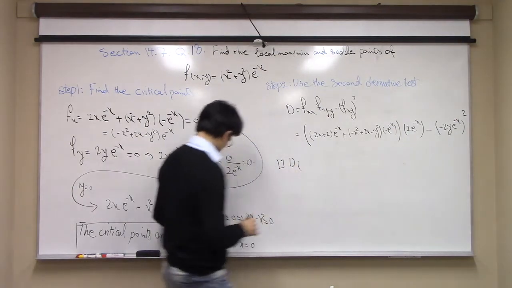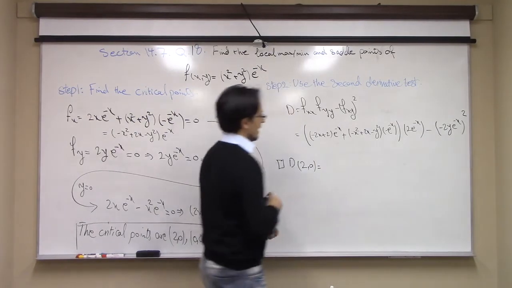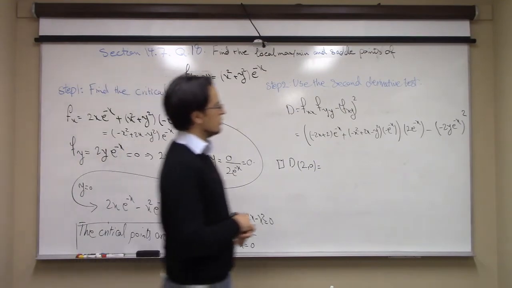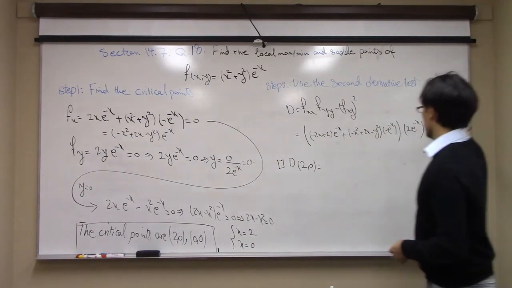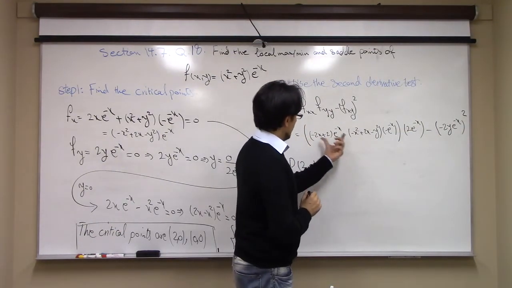For the first one, (2, 0): x is equal to 2, y is equal to 0. So I don't have this part, which is a good thing. Then I have to plug in values here.